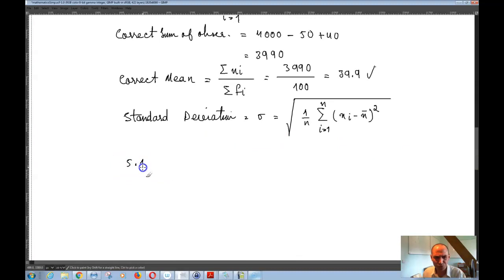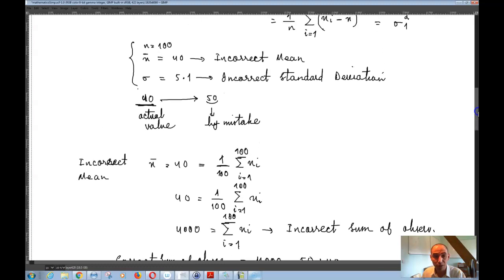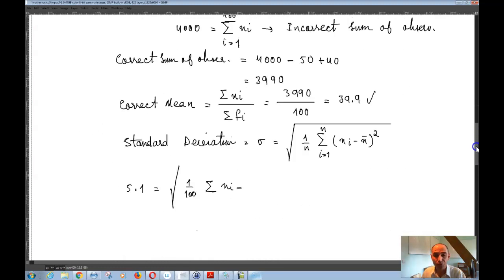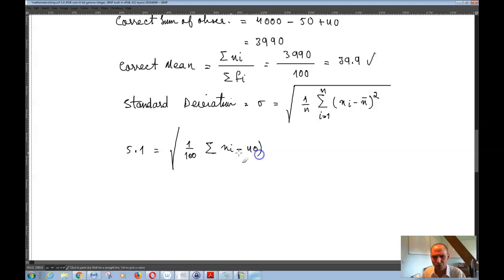So I can write 5.1 is equal to the square root of 1 over n, which is 1 over 100, times sigma of x of i minus x bar, where of course I have to take the incorrect mean, which is 40, and square this, as i goes from 1 to 100. Now this is 5.1.